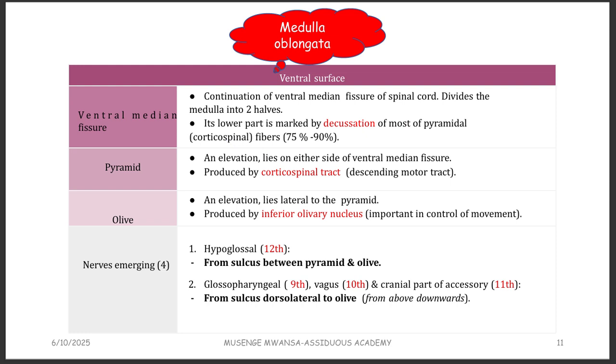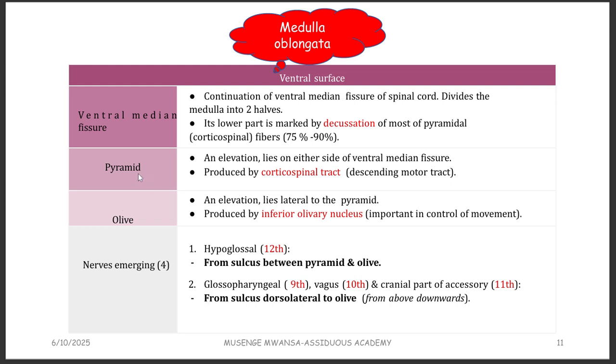Remember, when we discuss the descending pathways, we have the pyramidal and the extrapyramidal tracts. Specifically, the pyramidal ones are the corticospinal and the corticobulbar. The corticospinal fibers move from the cerebral cortex down to the spinal cord. They decussate, they change direction. So the fibers moving from the left side of the cerebral cortex will now go to the right side and vice versa. And that happens at the pyramidal decussation.